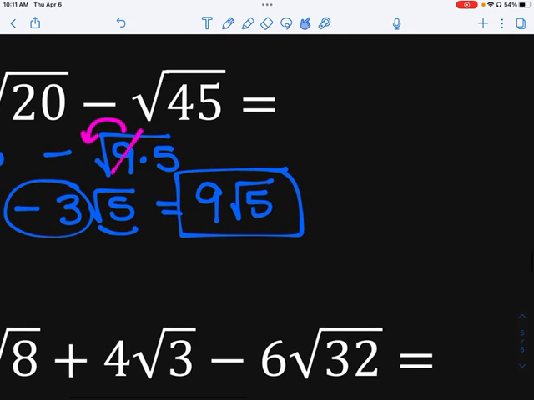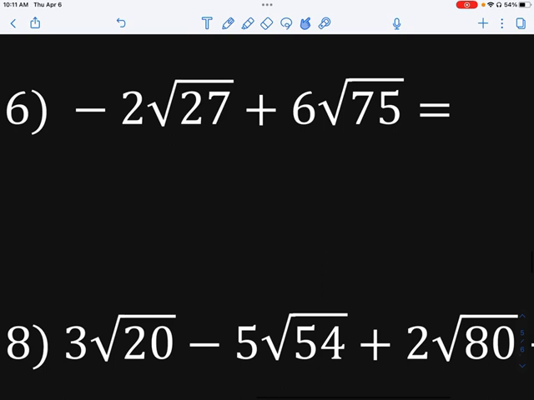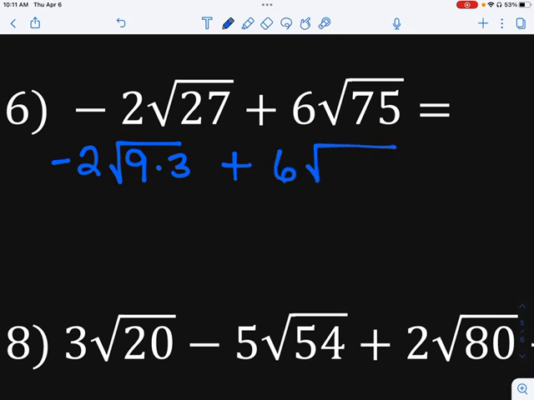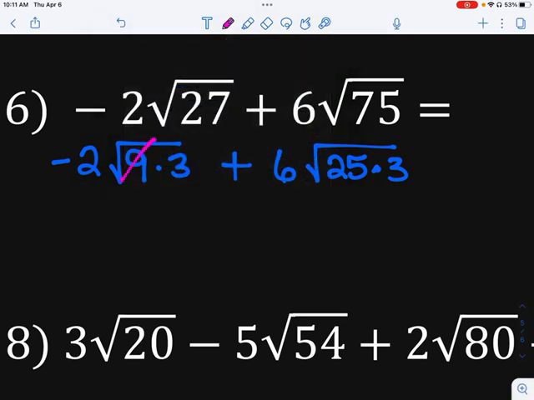Okay, let's try another one, number 6. So the first thing I notice here is I need to do some simplifying. So I have negative 2 square root of 27, which has a perfect square of 9. So I'm going to break that apart. 75 has a perfect square of 25. I'm going to break that apart. So I look over here. The square root of 9 is 3.